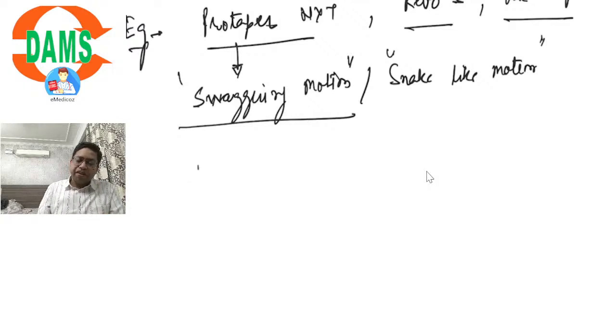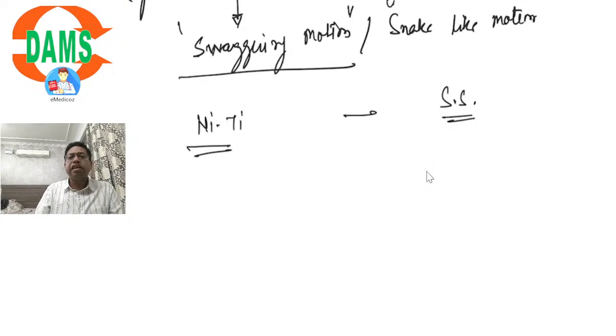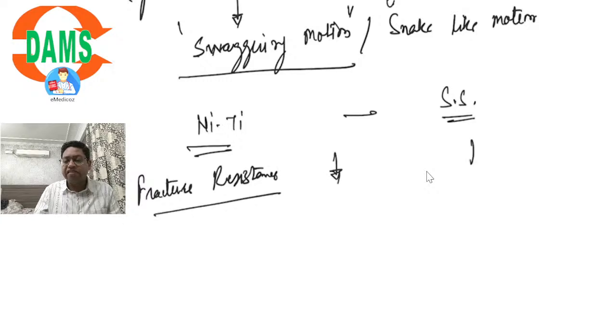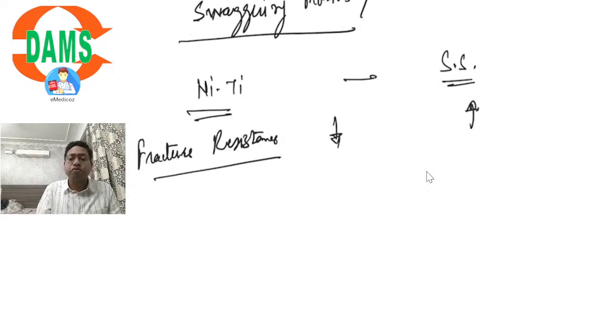If we have to compare the nickel titanium with the traditional stainless steel instruments, nickel titanium is an alloy. Two important characteristics are there we have seen. One is shape memory and superelasticity. And stainless steel, definitely the fracture resistance. The fracture resistance of nickel titanium is less and that of stainless steel is more.